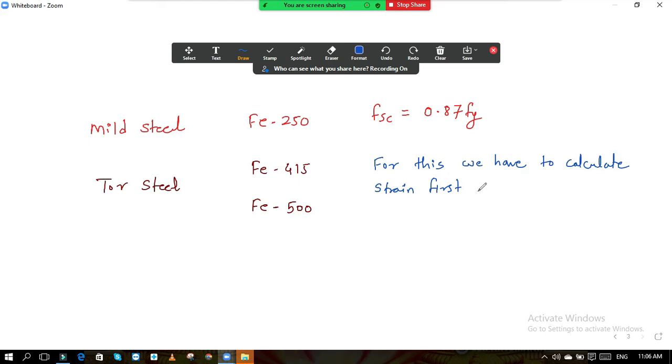Okay, and then depending upon the value of strain, fsc can be calculated.